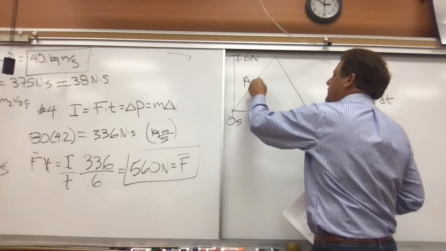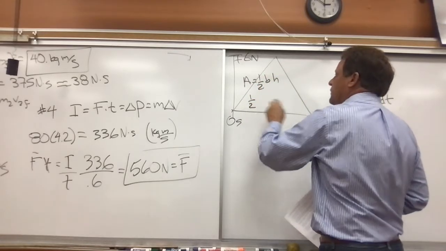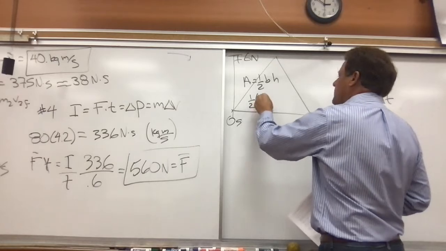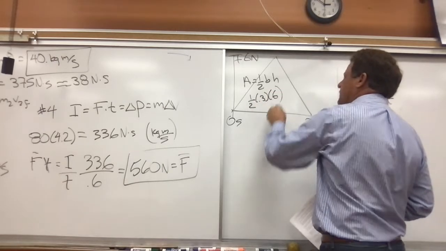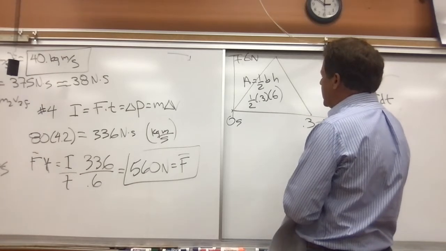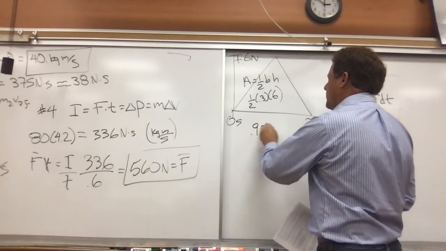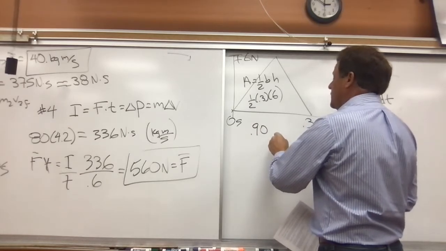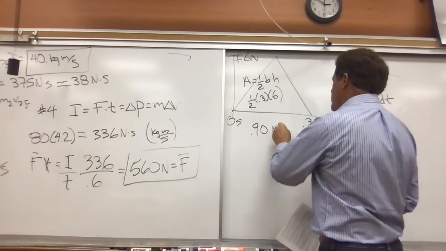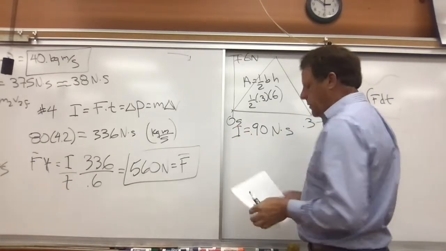So that area is going to be 1/2 base times height, where our base is 0.3 seconds and our height is 6 newtons. And so we're going to get 0.90 Newton seconds, and that is going to be our impulse.